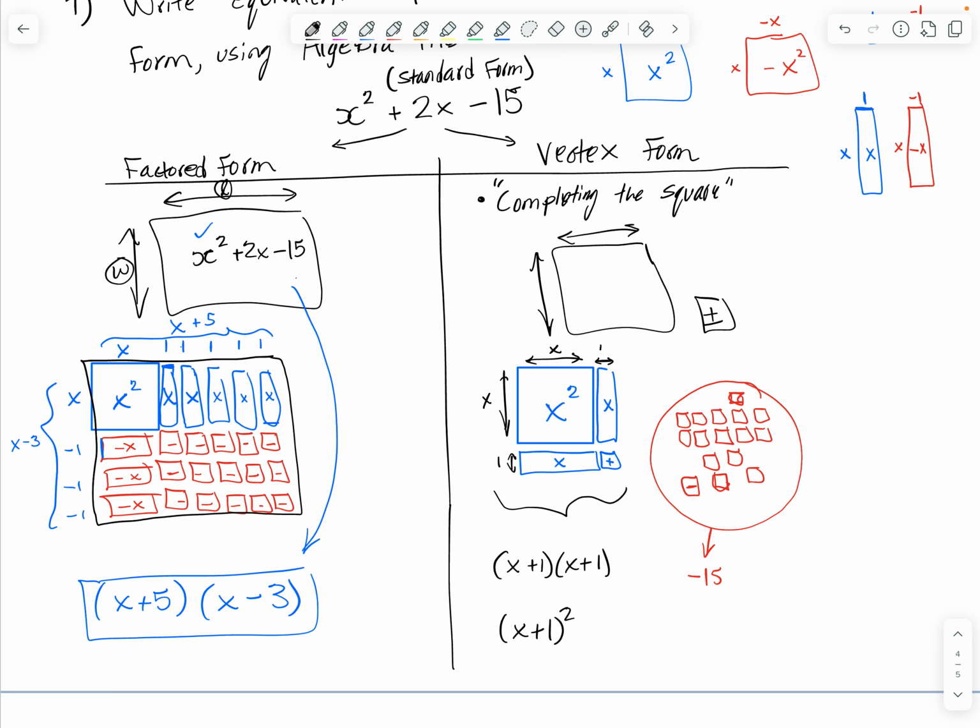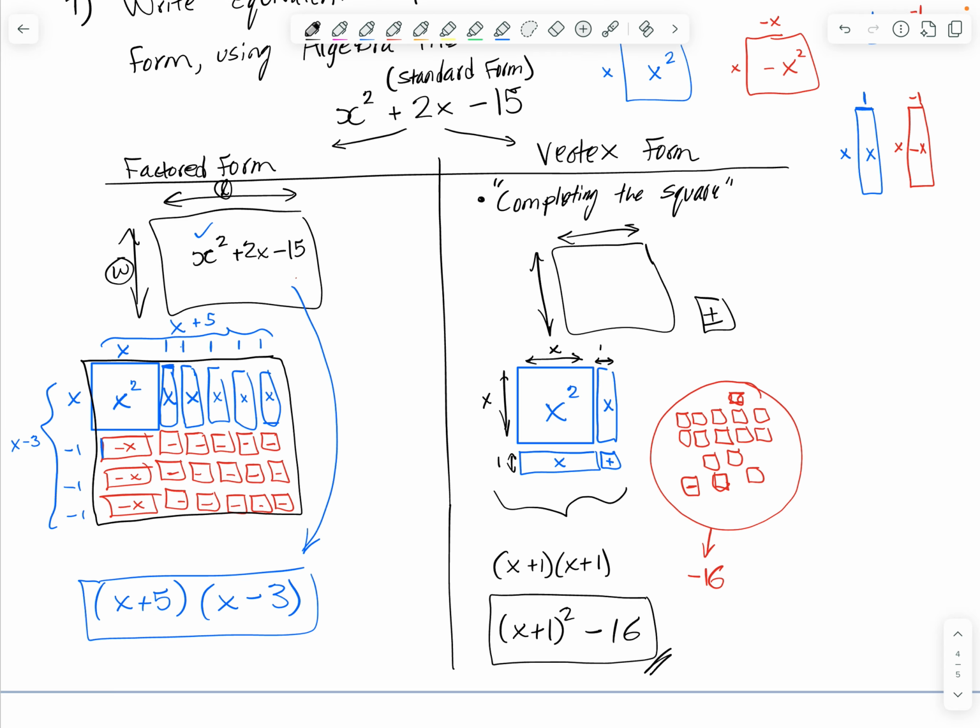And then I have this leftover right here, which is that negative, and then 15 more. So it's actually going to be negative 16, sorry, it's a typo. So it's going to be negative 16 altogether. So I would have x plus 1 all squared minus 16. And this would be my answer in vertex form.